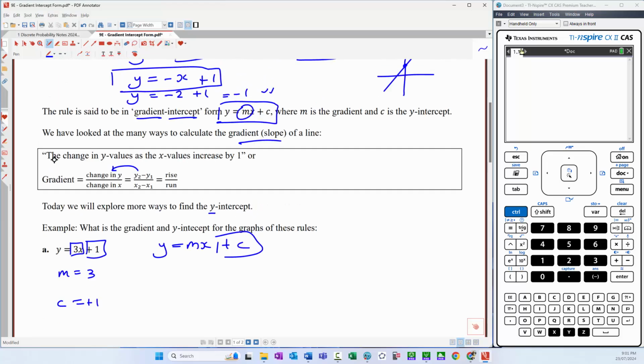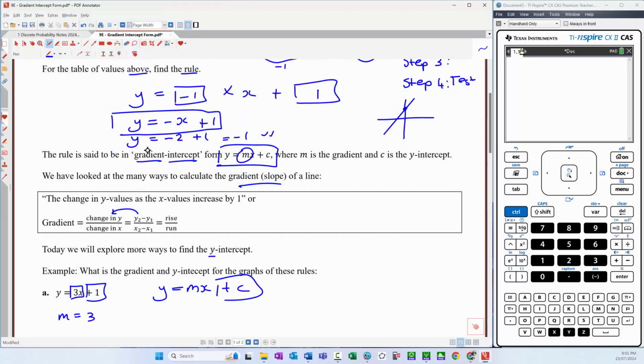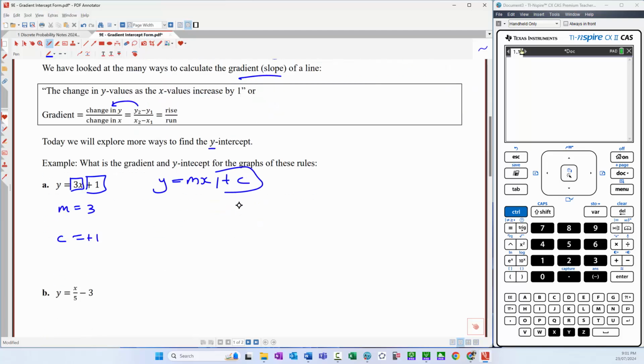Remember what our notes say: m is the gradient and c is the y-intercept. So the gradient is 3 and the y-int is 1. We can write that y-intercept as coordinates or an ordered pair, because the y-intercept occurs when x is equal to 0. So when x is equal to 0, the y value is 1.